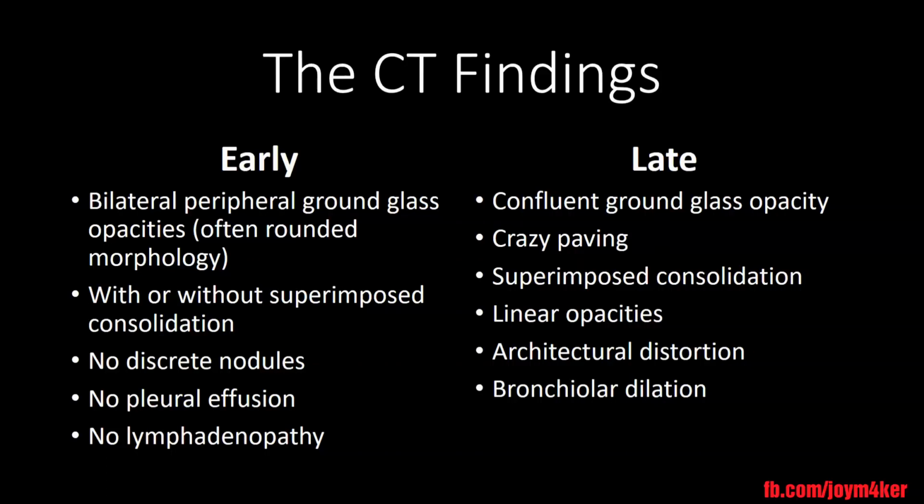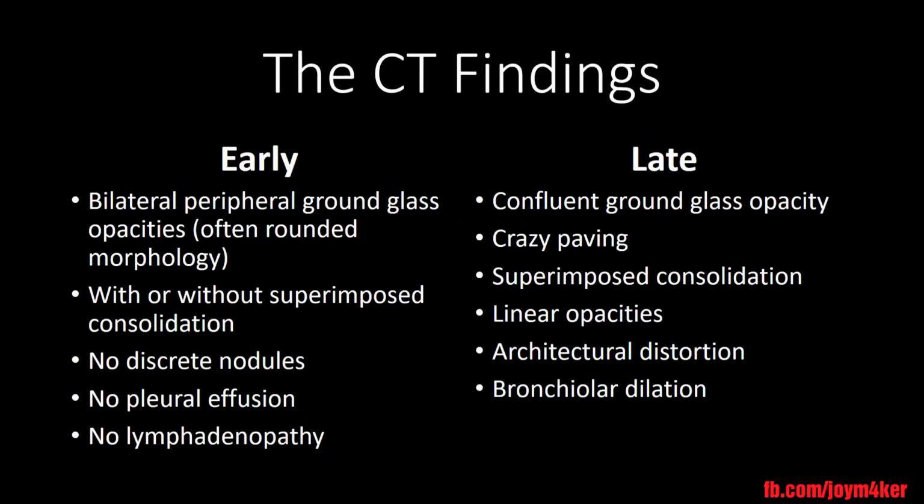Consolidation can be superimposed on the ground glass opacities, but earlier cases have a lower incidence of consolidation and tend to be ground glass predominant. Again, discrete nodules are not being reported, so well-defined nodules are not being reported. Pleural effusions are not characteristic of the disease, and lymphadenopathy is not characteristic.